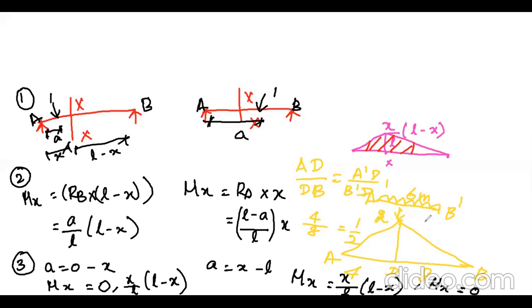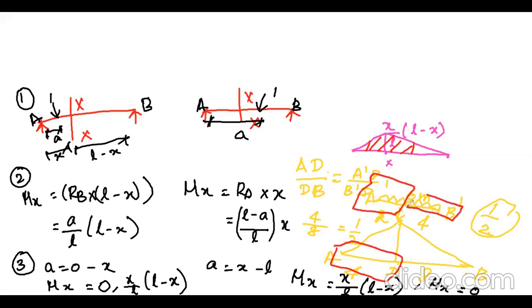Here 2, here 4. So you will be getting the ratio as 1 by 2. Am I right? So this AD to DB ratio should be equal to A dash D to B dash D. Hope you understand. Next we shall move on to the problem.